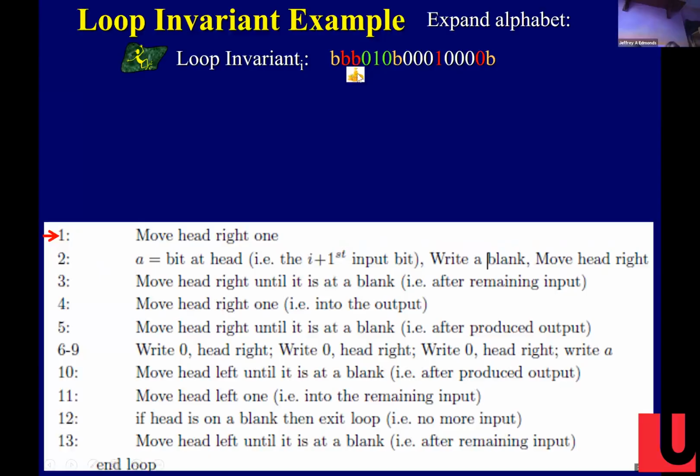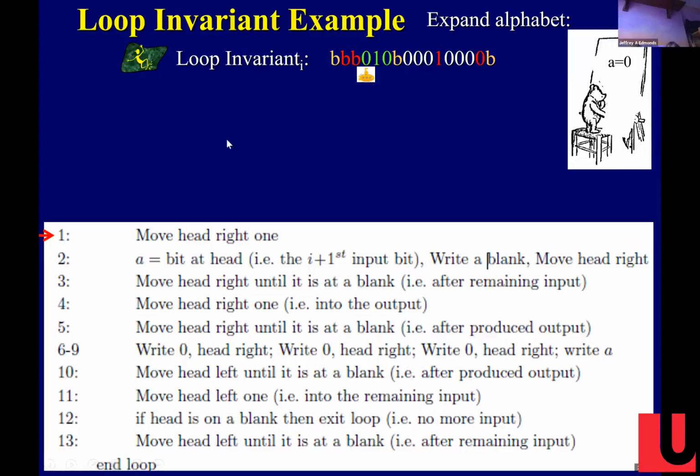So what we're going to do is move our head over. The first thing we do is move our head right, right? Everybody good with that? I just moved my head right. What is the next thing I'm going to do? I'm going to take the value that's written at the head and store it in a new variable.